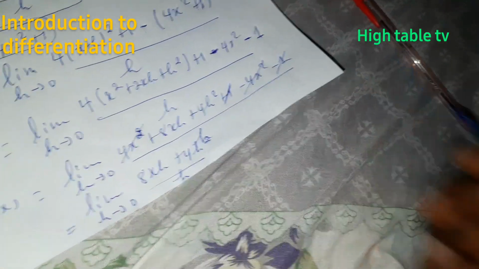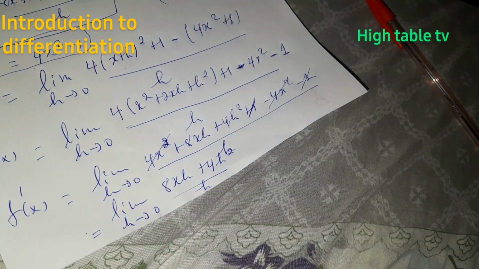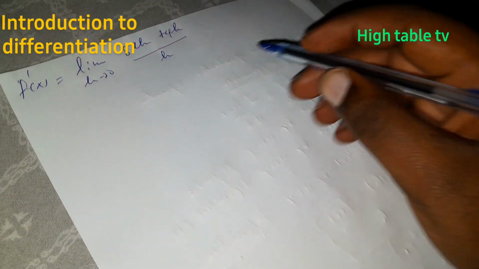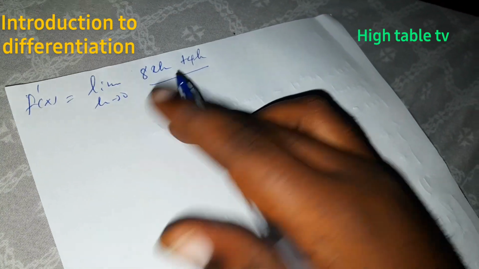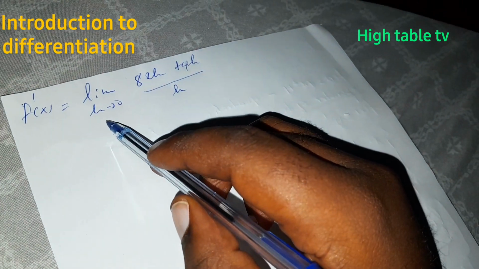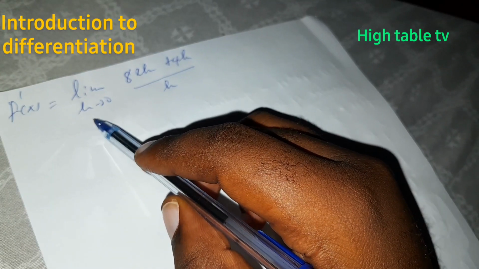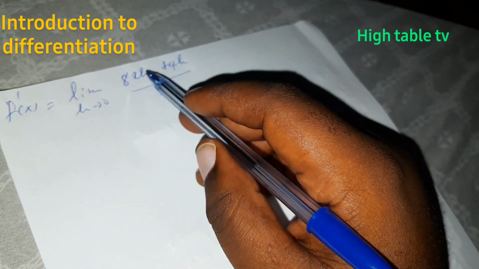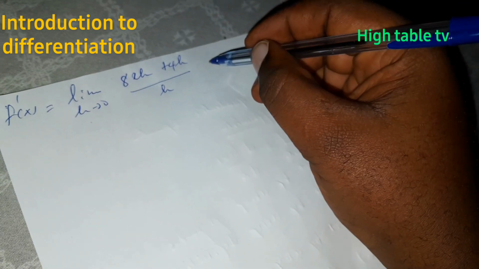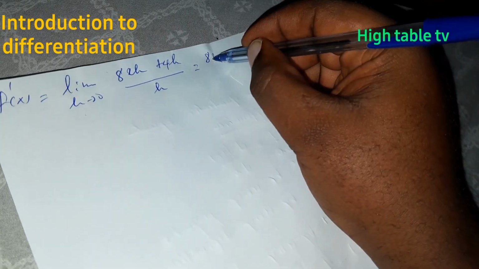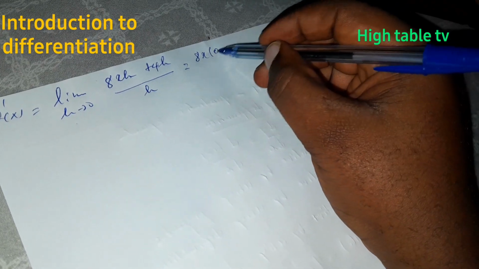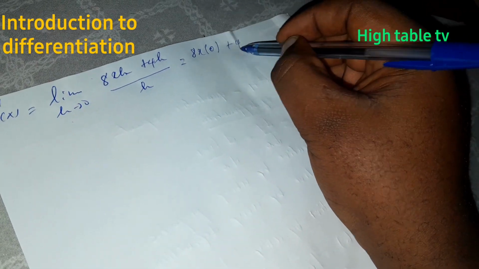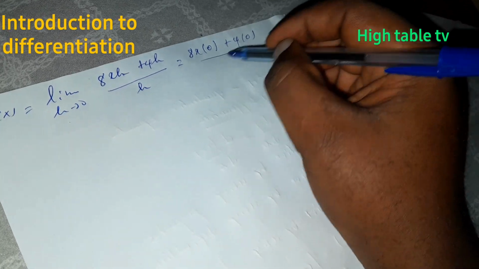Okay, let us come back. By referring to the remaining expression that we have here, we can just replace h with 0, and you remain with 8x times 0, plus 4 times 0, over 0.